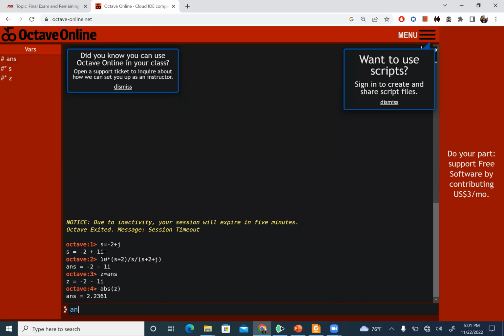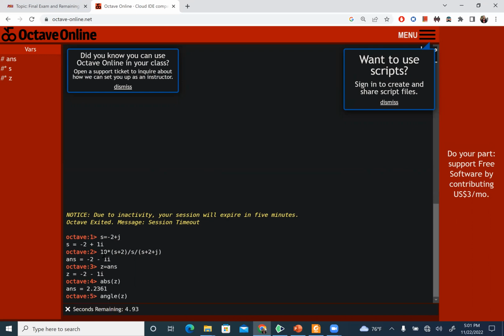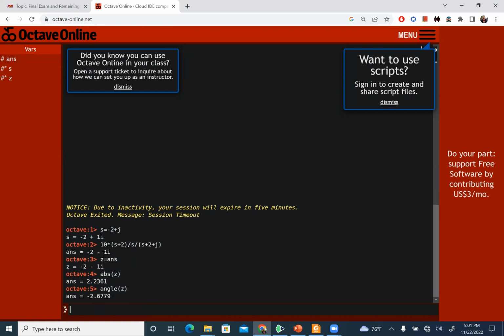And if you look at its phase, which in MATLAB is angle of Z, it is minus 2.6, but you've got to convert that to degrees, because the book has it in degrees. So we need to divide it by 2 pi and multiply it by 360, right?